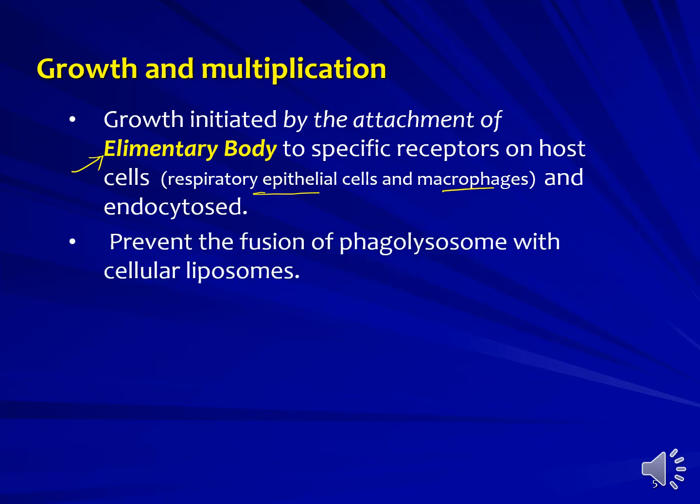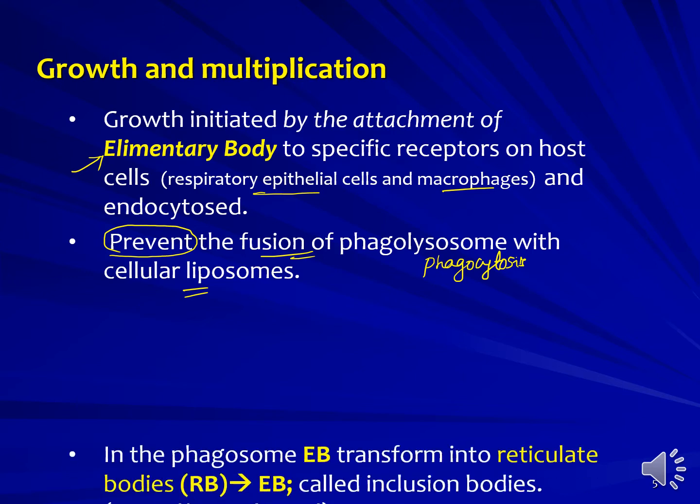Once endocytosed inside the macrophage, they resist phagocytosis. How is it possible? We will see now. The fusion of the phagosome with cellular lysosomes is prevented, thereby preventing phagocytosis.